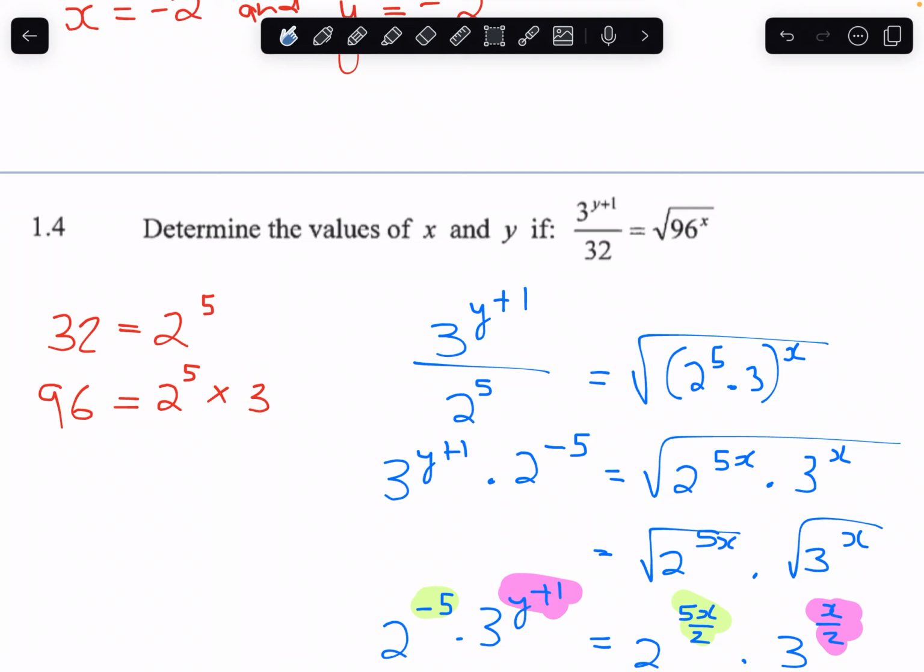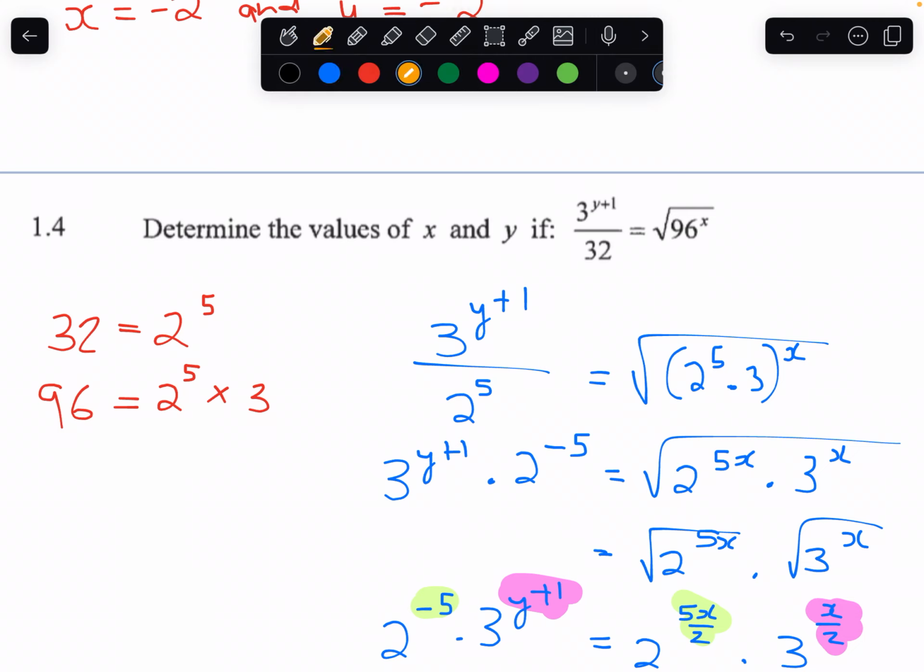Let's see if the memo agrees. Yep, x is minus 2, y is minus 2. So from the jump, they start out by writing this as 96 to the power of x over 2.